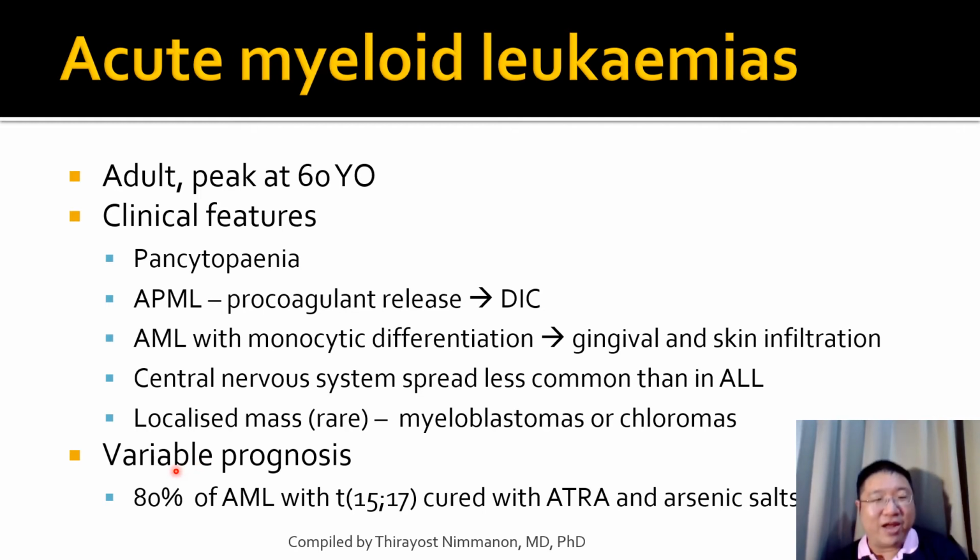So the prognosis is quite variable, but M3 is quite unique with t(15;17) translocation. 80% of the patients can be cured with ATRA or all-trans retinoic acid and arsenic salts treatment.